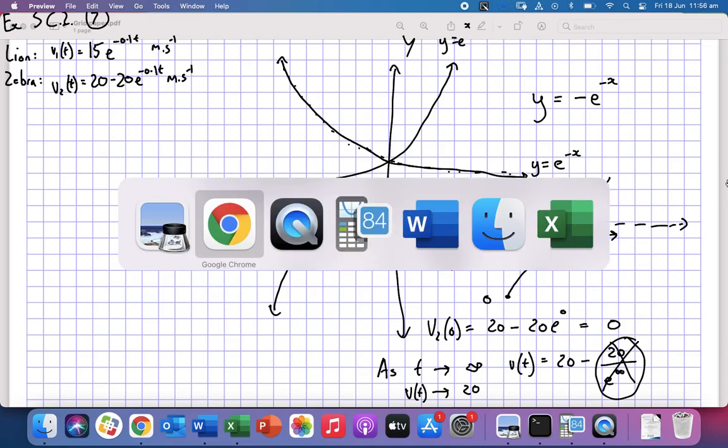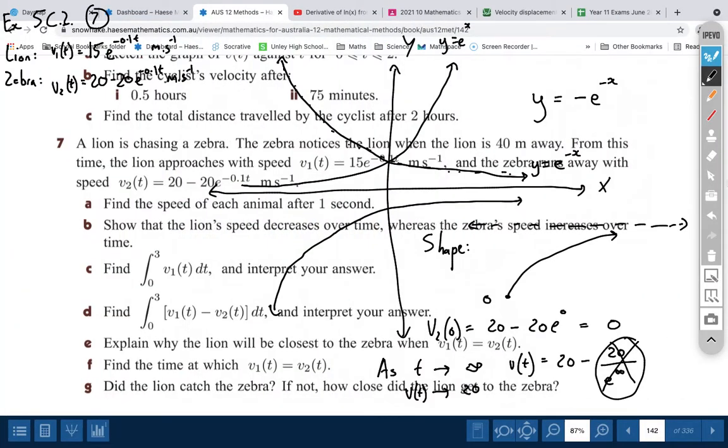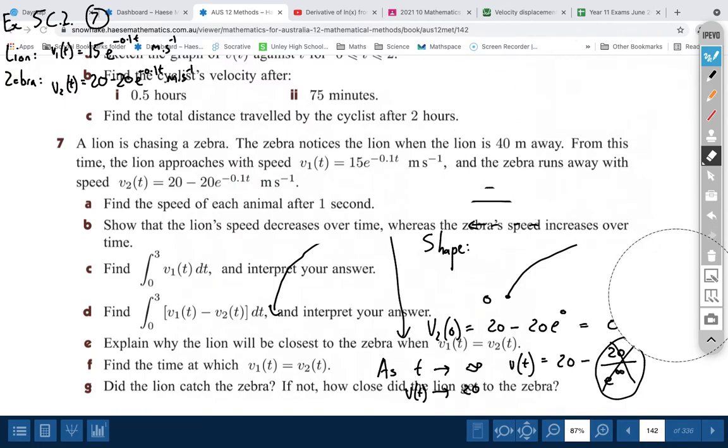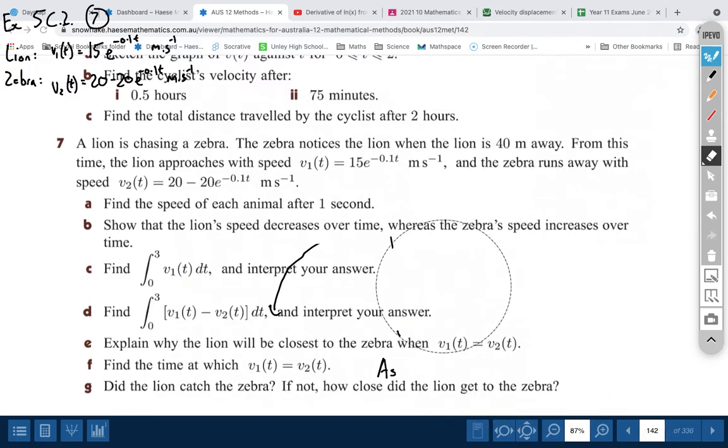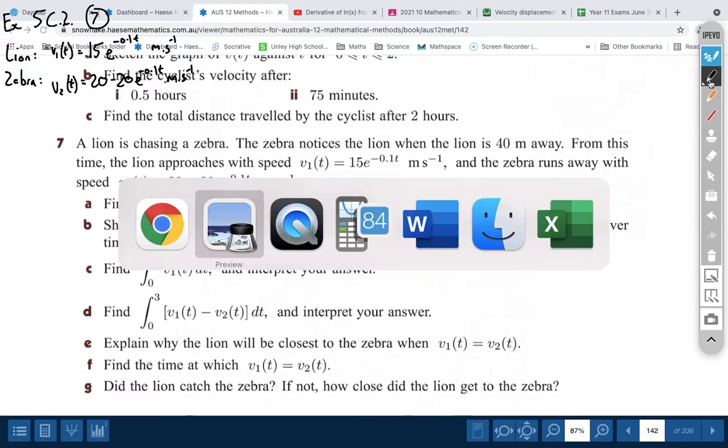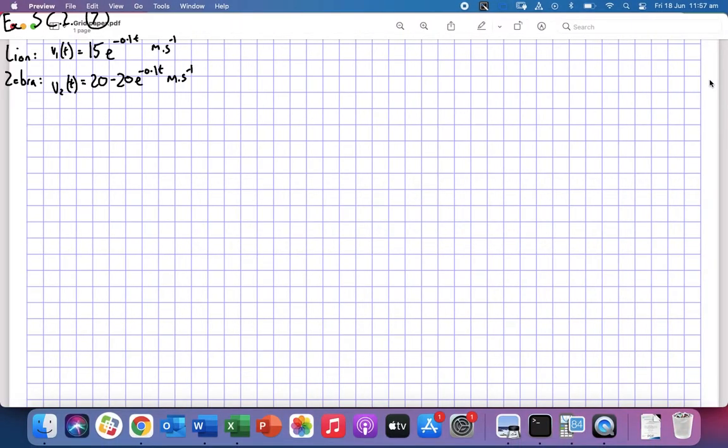I'm not going to put a scale on it. I just want a rough sketch. Well, I'm not going to put an x scale or a time scale. So back to my grid lines. And maybe if I can draw it off to the left so it's a bit out the way.